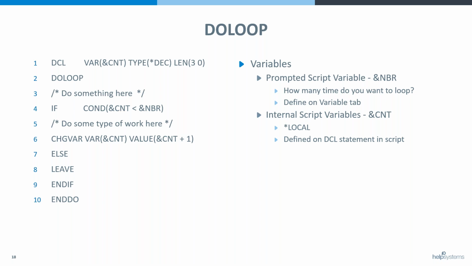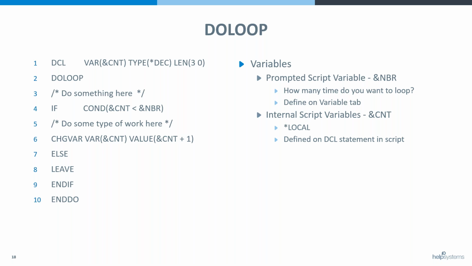When we finally run this 10 times, we get to the point where line 4 is not going to be true anymore, where the count is going to be more than the number of times we want to run this. That's where we drop out of the if and go to line 7, which is the else.